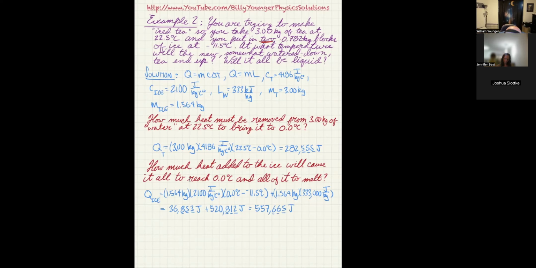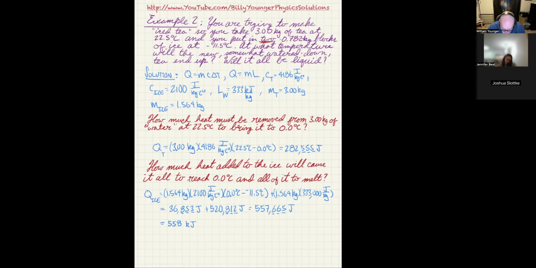Again, these last three, the ones, the tens, and the hundreds places, are not significant. So it really seems reasonable to call this 558 kilojoules. So, in order to melt all of the ice, I'm going to have to put in 558 kilojoules.